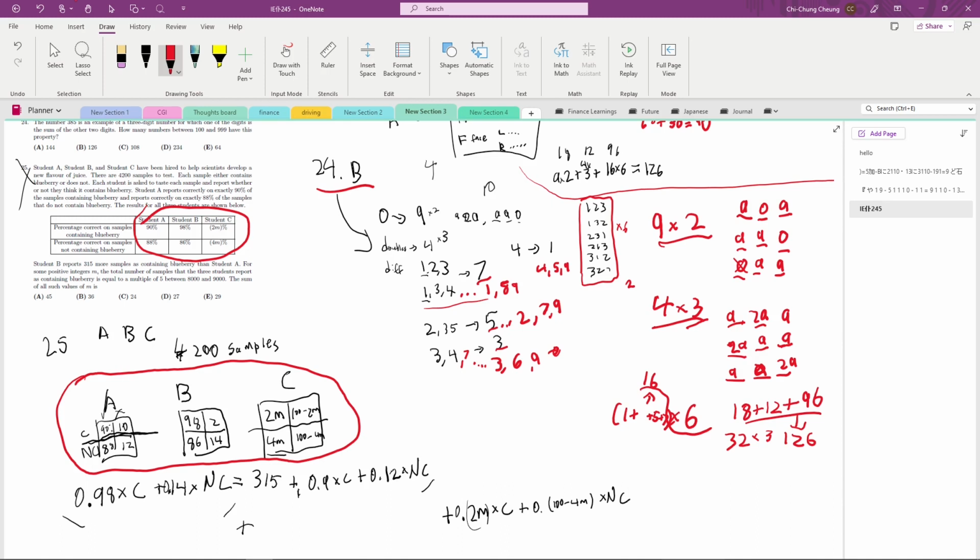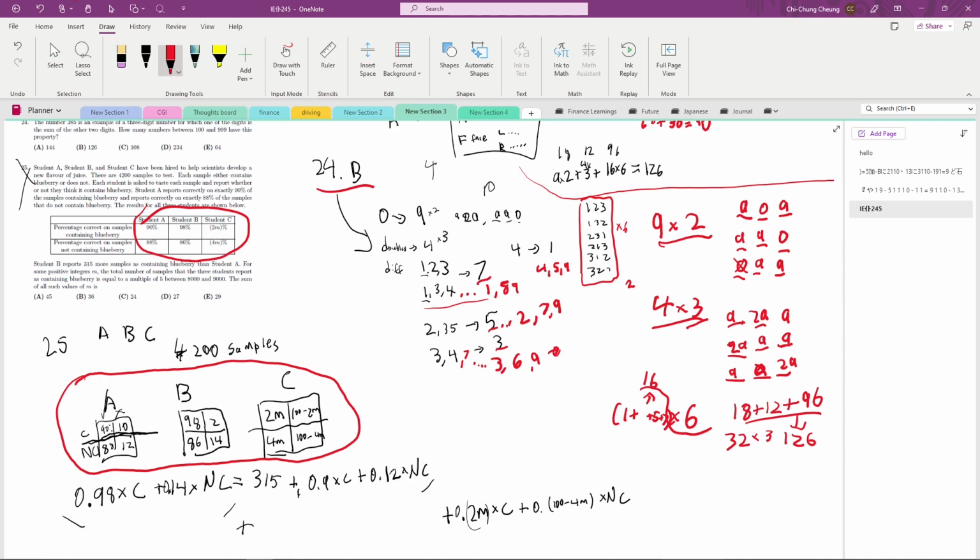Now back to the question. What are we even trying to solve? Well, you got some condition where student B reports 315 more samples as containing blueberries than student A. And then here's the real question.